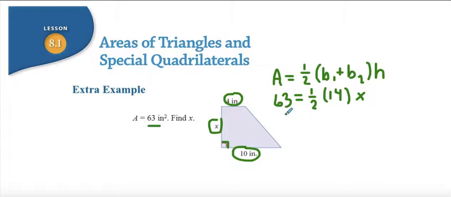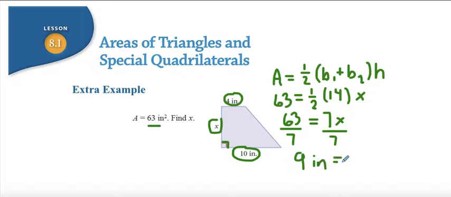Let's use our order of operations. Simplify the right-hand side, and I have 63 equals 1/2 of 14. 1/2 of 14 is 7, so I have 7x. Finally, to continue solving that, I'm going to undo that 7 by dividing by 7, and I get 9 inches equals x. So my height is 9 inches.